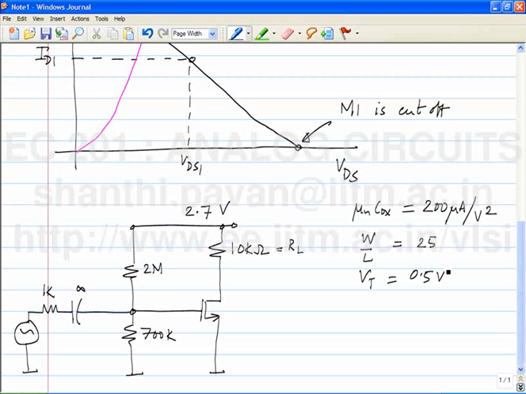So what is VGS? 0.7 volts. What is the current?